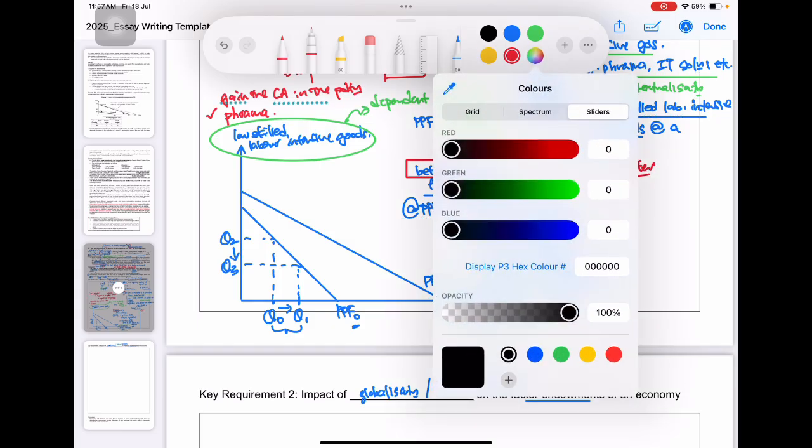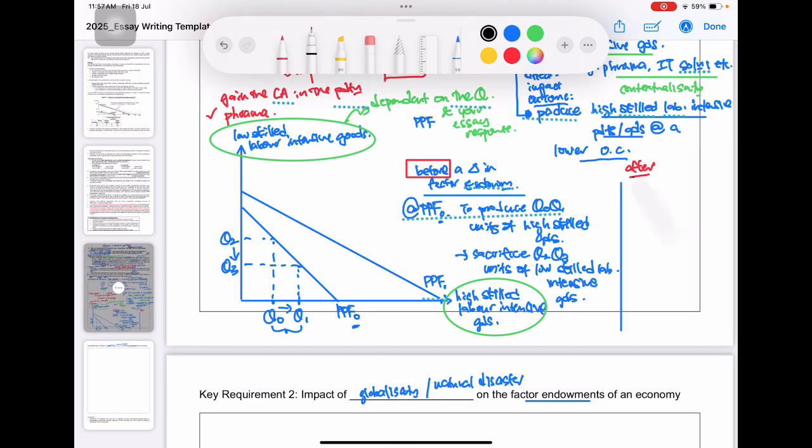Okay, let me change my color. So after, we are looking at PPF 1. As mentioned, this is your stable condition to produce Q0, Q1 units of high skilled labor intensive goods.